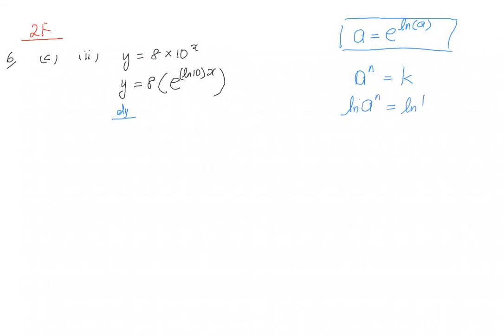Can or not? Okay. So now I have n ln a equal to ln k. So what is my n? n is ln k divided by ln a.